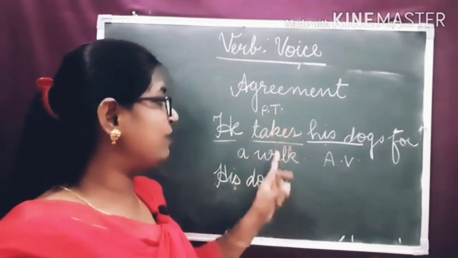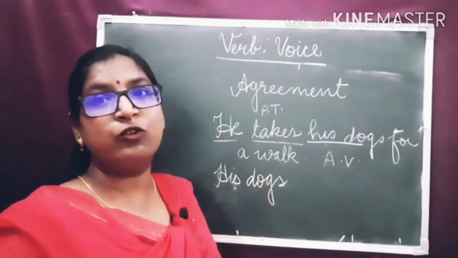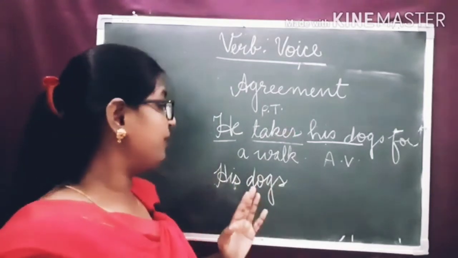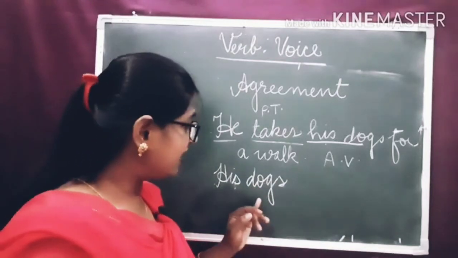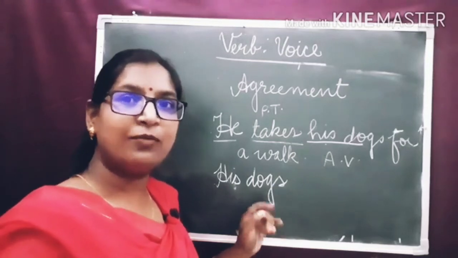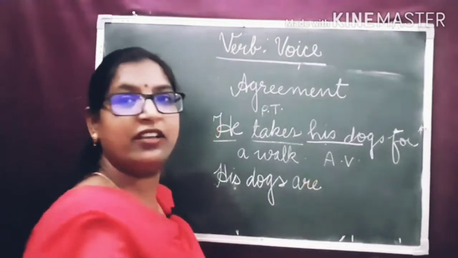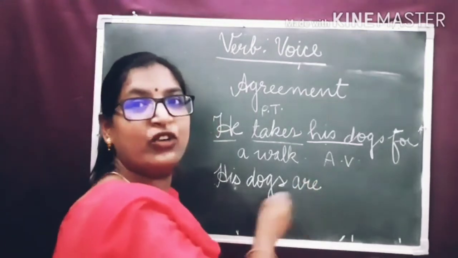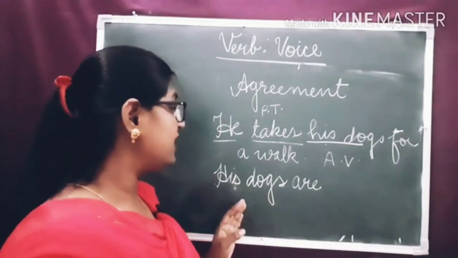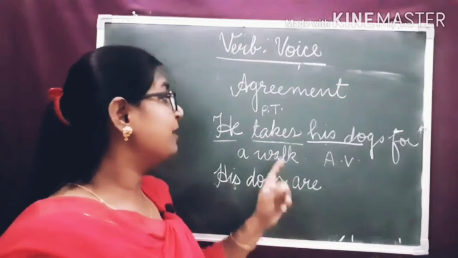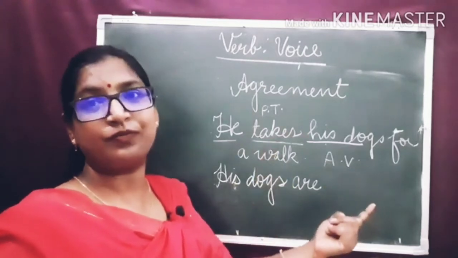And when we change a present tense sentence into passive voice, we use the be form of verbs plus the past participle form. Here the be forms of verbs in present tense are is, am, are. And here, according to the subject, plural subject, plural verb. So the verb are is suitable here. This is called agreement. The verb should be according to the subject. His dogs are take. Its third form.